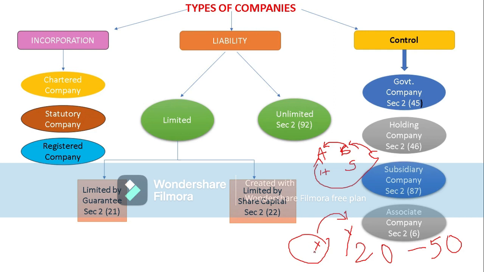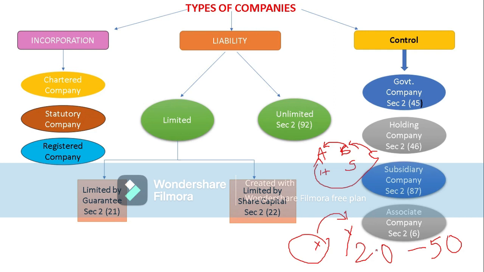If it exceeds 50%, say it is having 51%, then it will come under the government company or other limited companies.